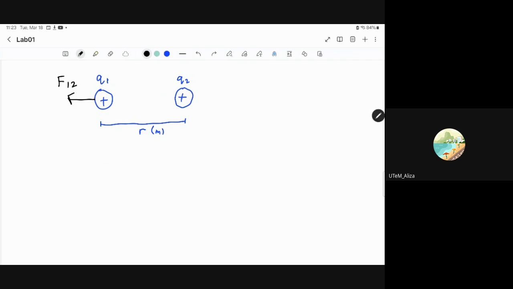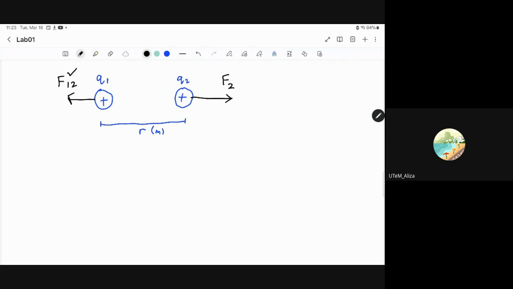So Q2 will also try to move away from Q1, and this can be represented by a force. Can you guess what we call it? Just now, when measuring the force on Q1 you called it F1, so if you are measuring the force on Q2, you are measuring the force on 2.